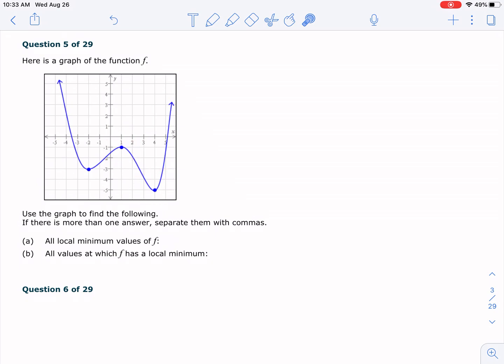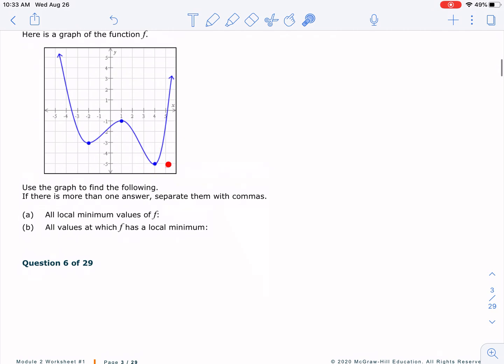So this one is a local minimum, right? This one is a local minimum. So we have local minimum at -3 and negative 5. Every time they say local minimum values, they talk about the y values.